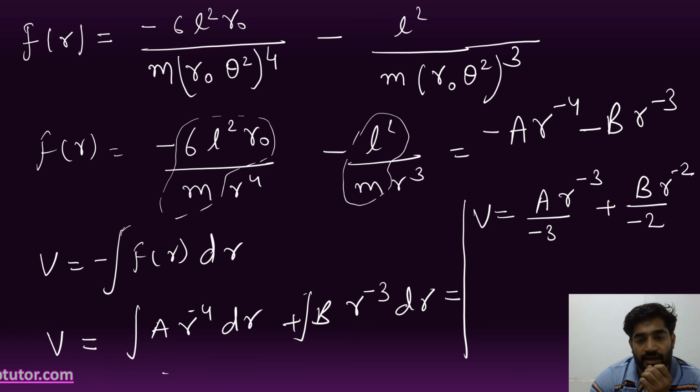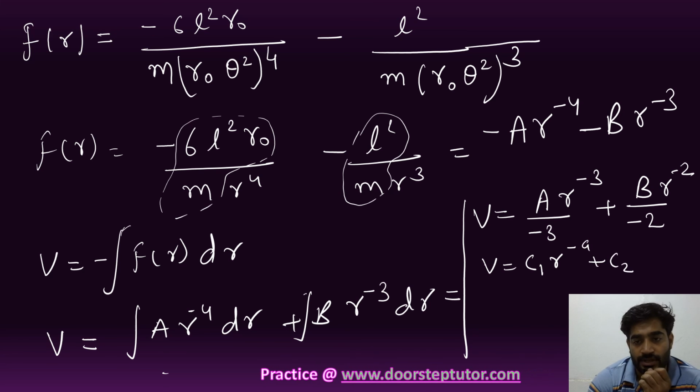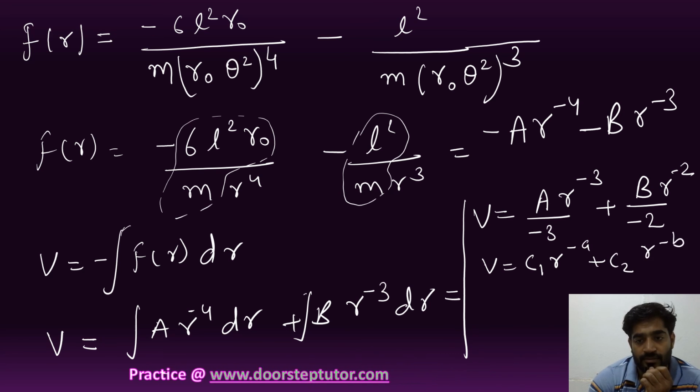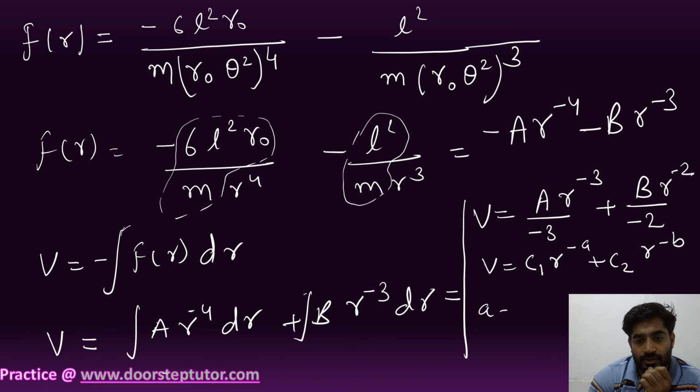If you compare with the given equation, with C1 and C2 constants, A is 3 and B is 2.